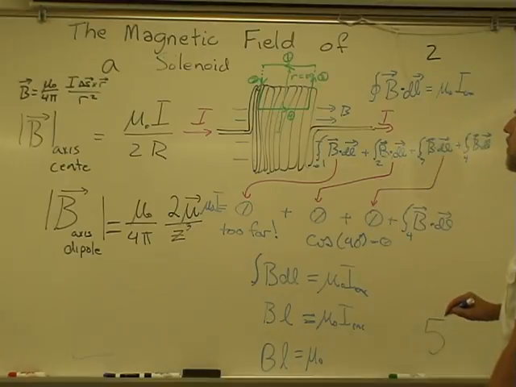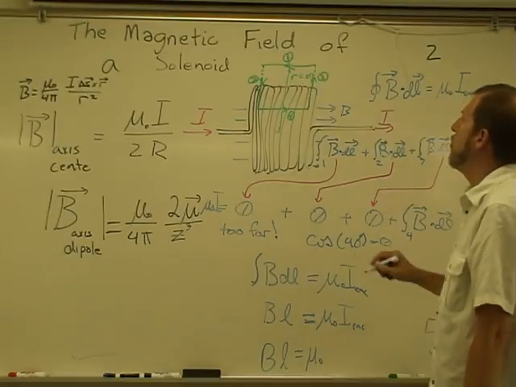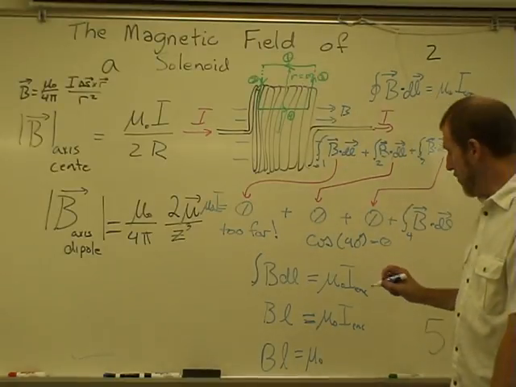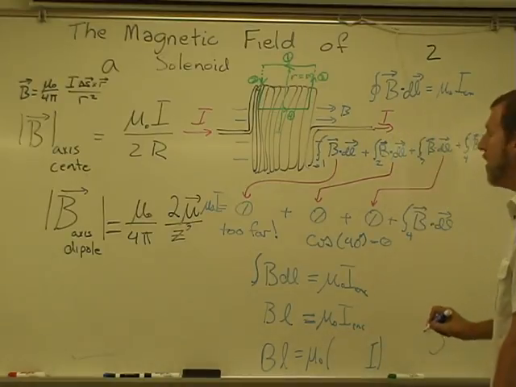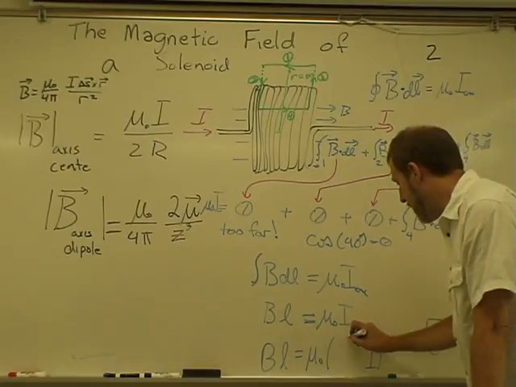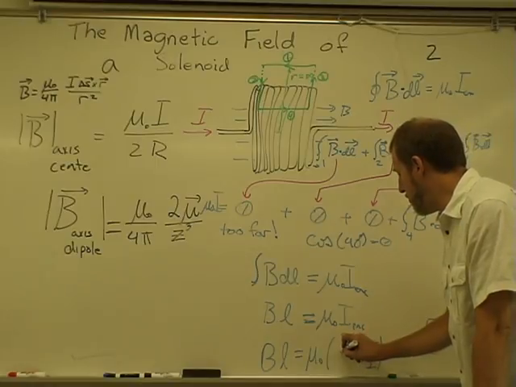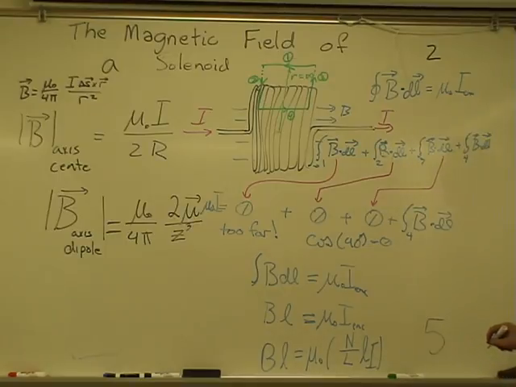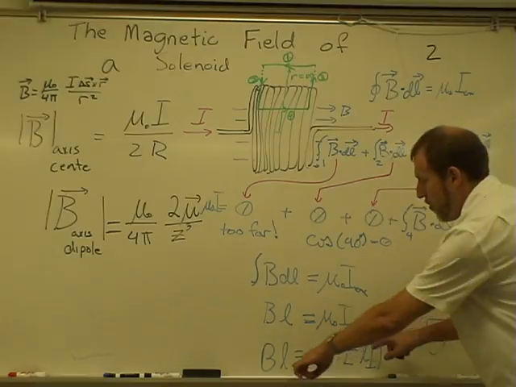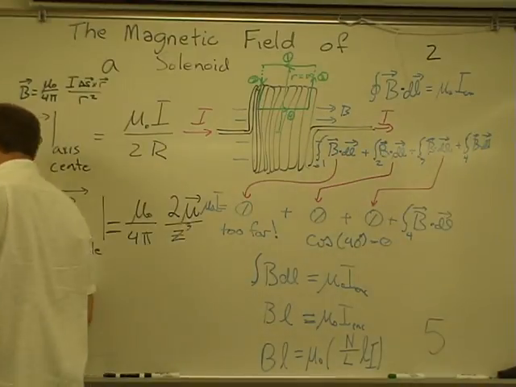Now what's the enclosed current? Each time it grabs one of those loops, it grabs the current I. So it's the base current I times the number of loops per unit length times the length of my arbitrary figure that I drew. And these two arbitrary lengths cancel out, which is wonderful. It means that they really are arbitrary.